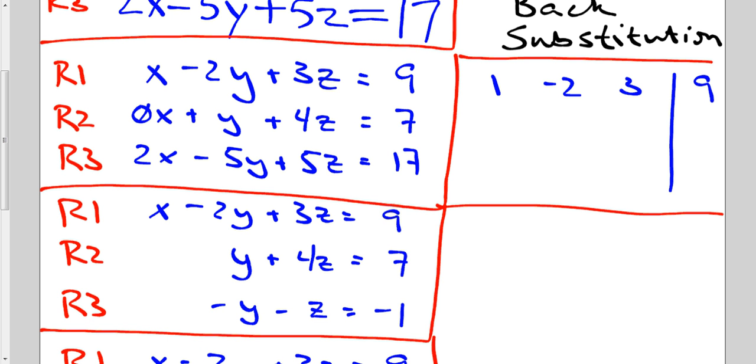Oh. 0, 1, 4, 7, 2, -5, 5, and 17. What in the wide world of sports is that? Hush. Don't say a word. Knew it was coming. Don't say a word. What is that? That is a matrix.